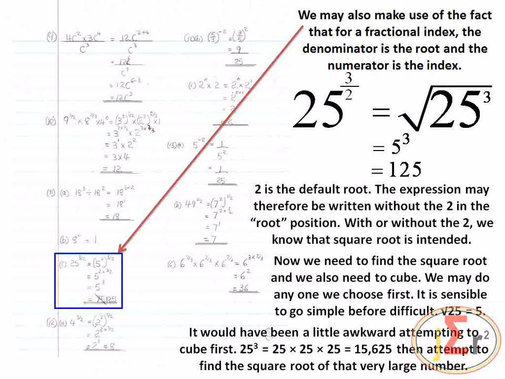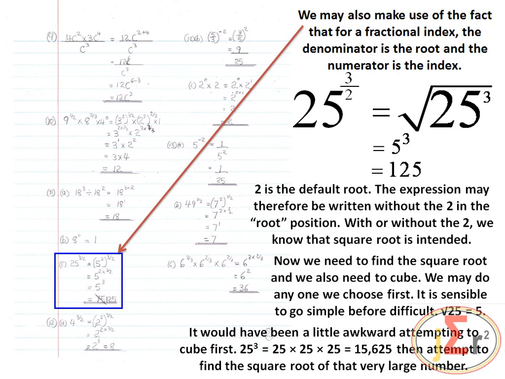To cube 25 to give us 15,625, then attempt to find the square root of that very large number. It would have been a little bit awkward to do that mentally, to cube 25 and then find the square root of 15,625.